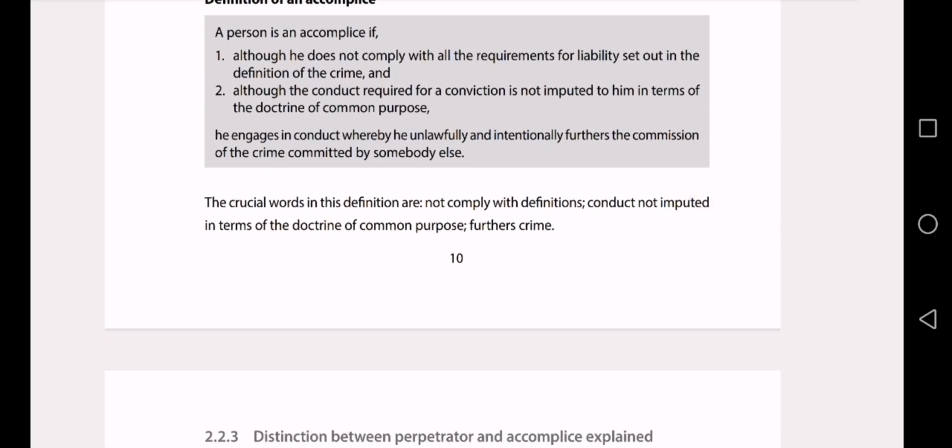The crucial words in this definition are: not comply with definition conduct, not imputed in terms of the doctrine of common purpose, further crime. I will stop there for now.